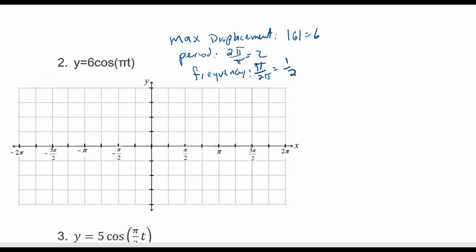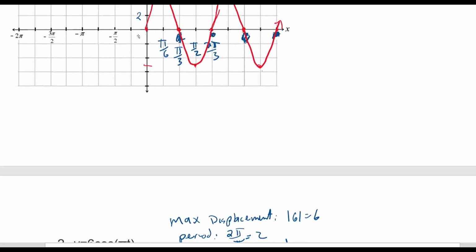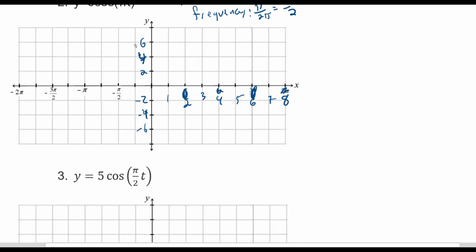So we can graph it. Again, I'll cross these out. If we call this 1, 2, 3, 4, 5, 6, 7, 8, we can get 2 cycles out of this. And I'll go 2, 4, 6, -2, -4, -6. Oh, and the last one, I put a -5 on that. Okay, we'll just leave it like that.